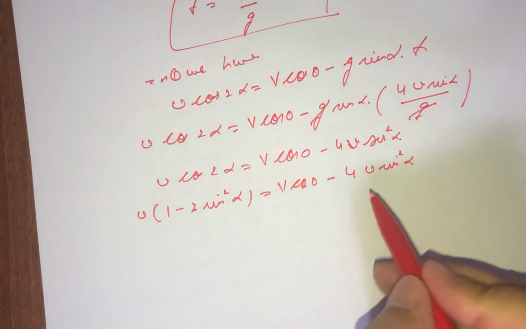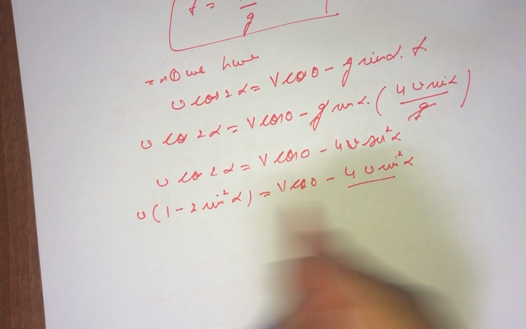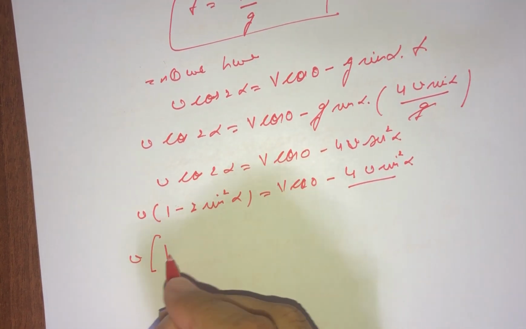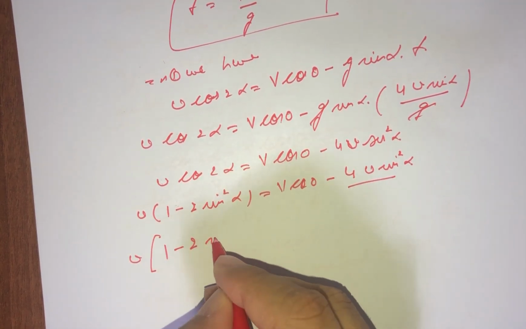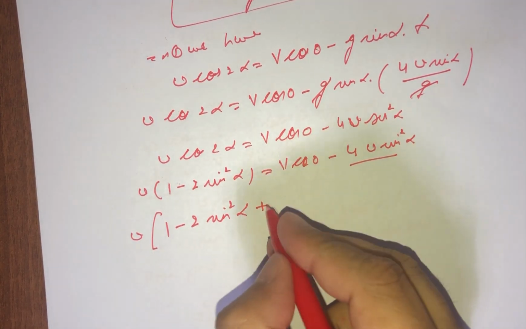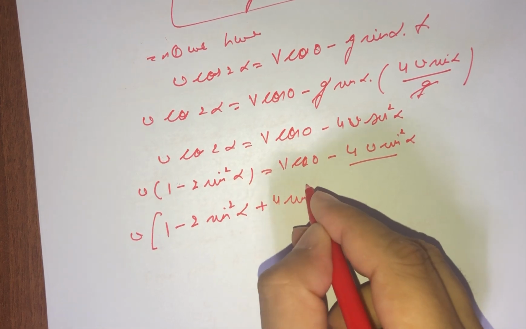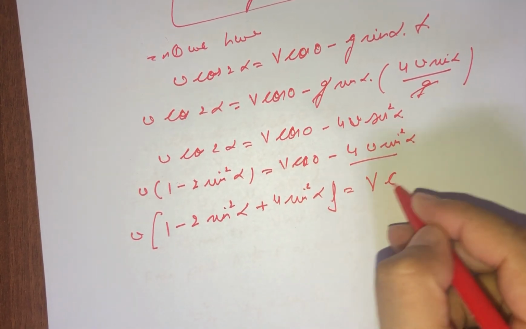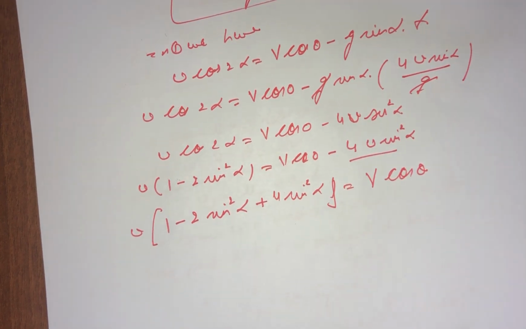So bringing this into left side and taking v as common, we will be left with 1 minus 2 sine square alpha plus 4 sine square alpha is equal to v cos of theta.